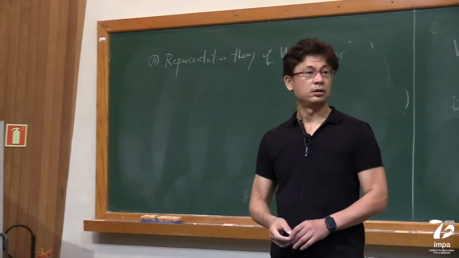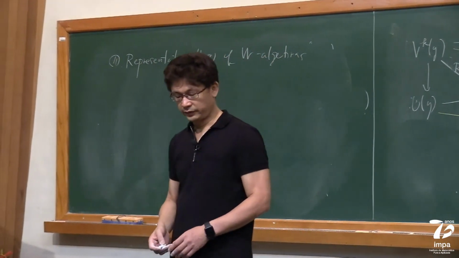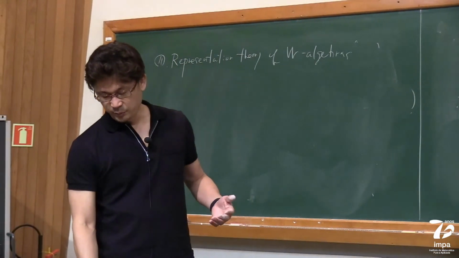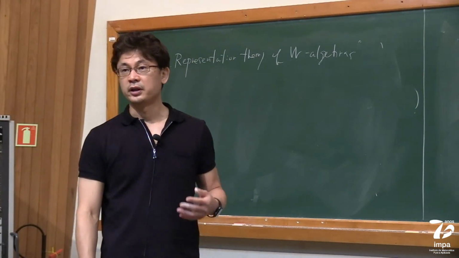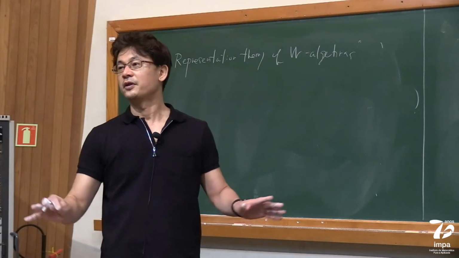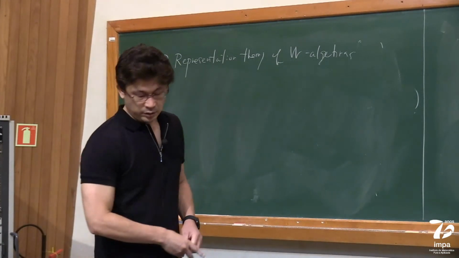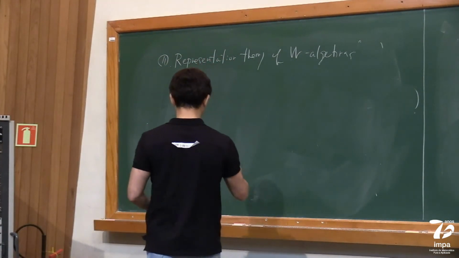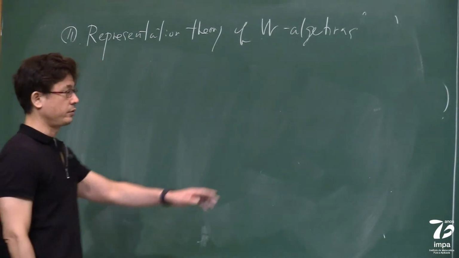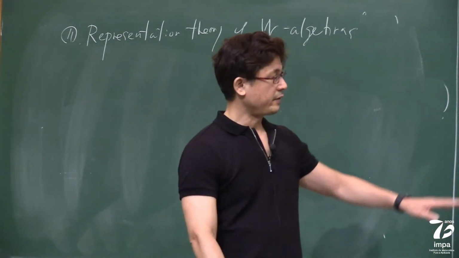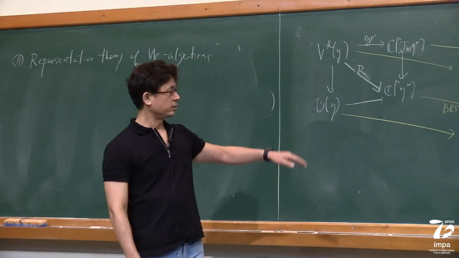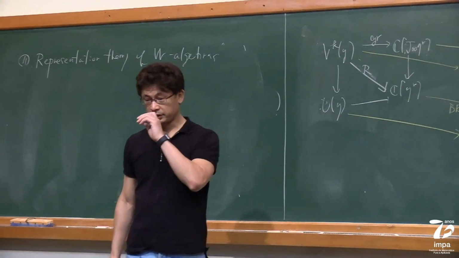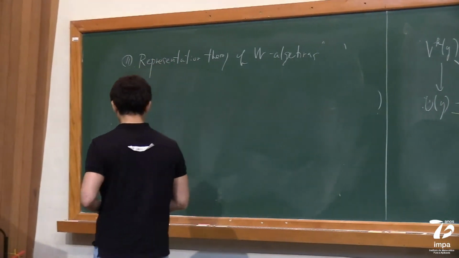So we cannot expect that we can study the representation theory of the double algebra directly, because we don't know the commutation relations. But the nice thing about this construction is that it constructs modules also automatically. So let me explain this.